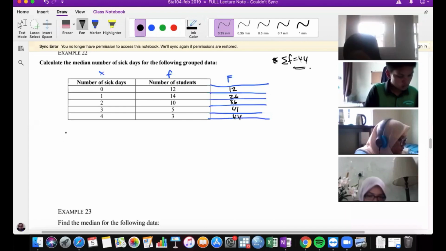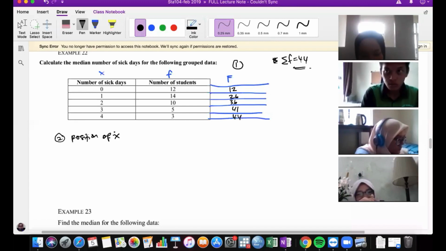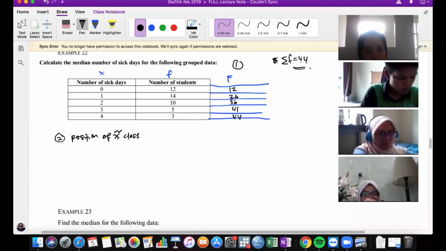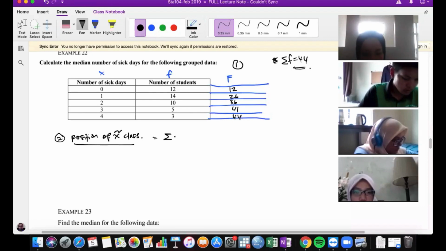So now, this is the first step. Second step is, we need to calculate the position of median class by using the formula summation of F divided by 2.